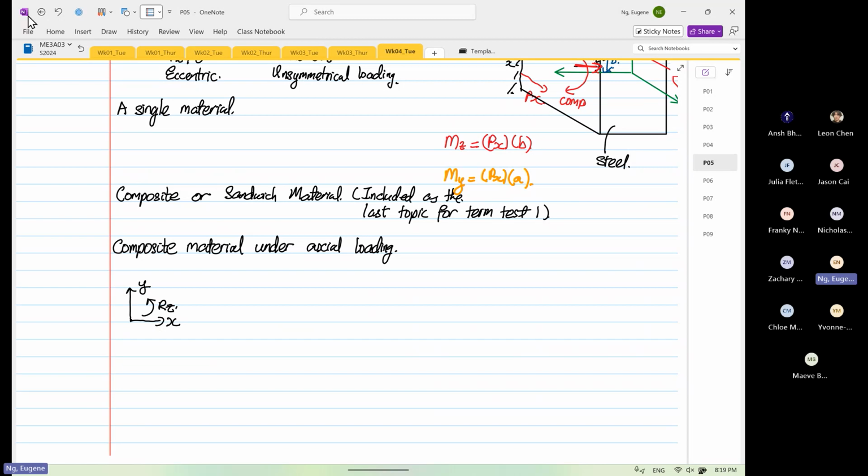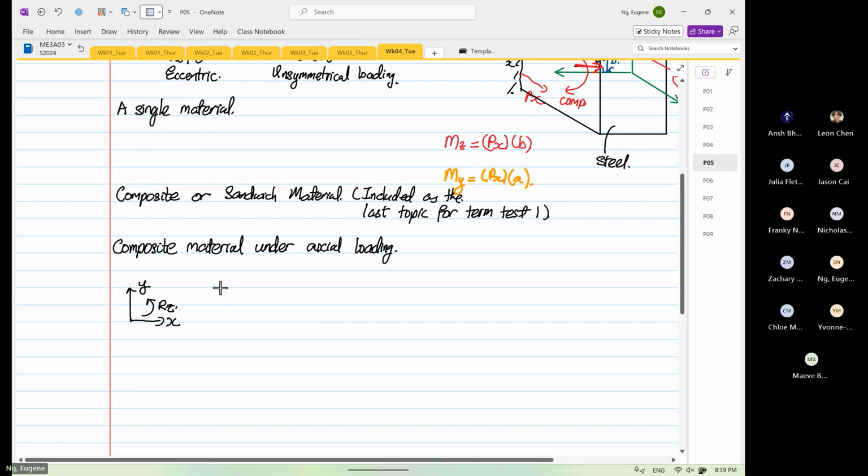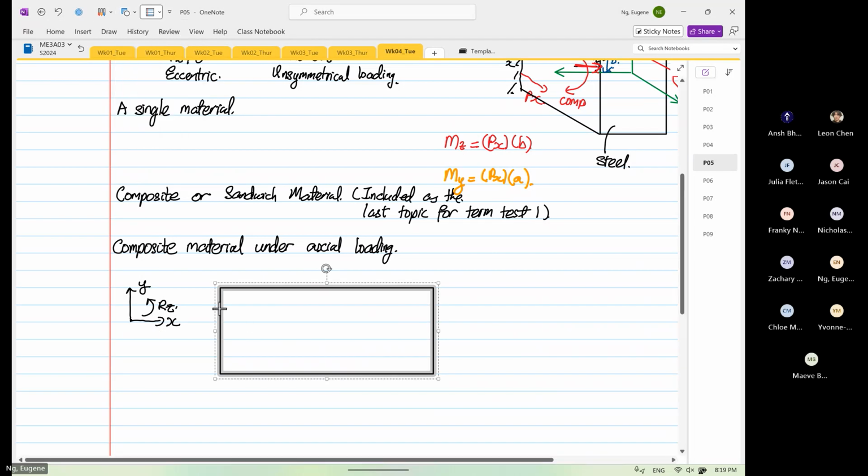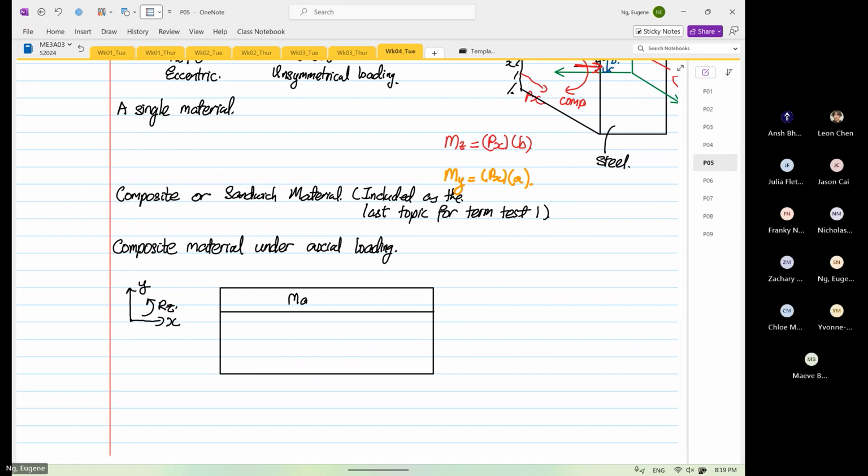So a sandwich material, how does it look? Basically it looks like this. This is material number 1. Over here is material number 2. And we want to go through axial loading over here.